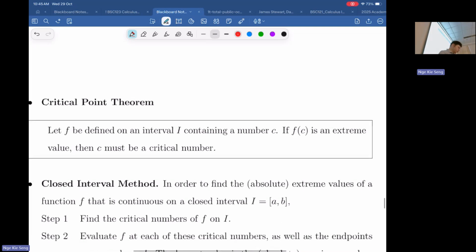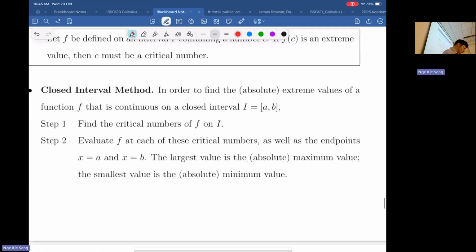There's no absolute or local specified in this theorem. So whatever extreme value, whatever critical number you find, it could be a local maximum or it could be an absolute maximum. You still need to compare them yourself. So what's the strategy here?